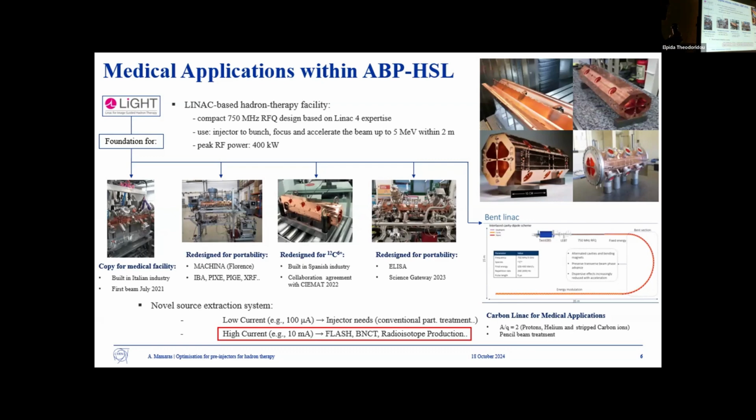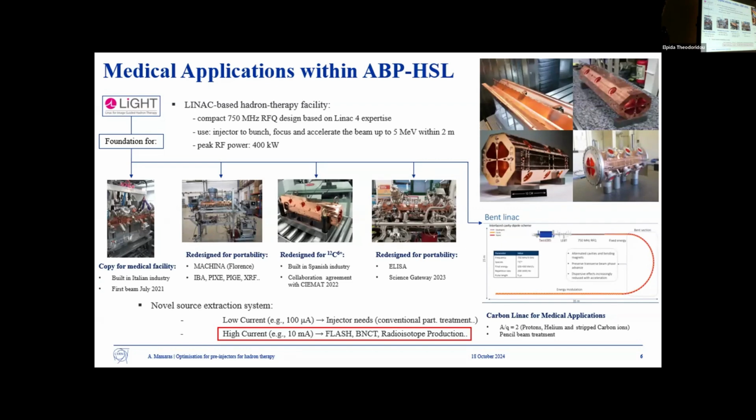One is for a medical facility in the UK, built in Italian industry and operating since 2021 with a proton beam. Then we have a subsequent copy, again for portability, as mentioned in the MACHINA context, for low energy beam applications such as ion beam analysis, PIXE, PIGE, etc. Another copy redesigned for carbon, which we had the pleasure to receive after the collaboration with CIEMAT in Spain.